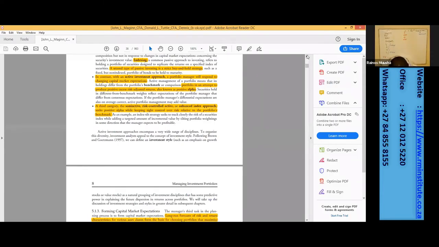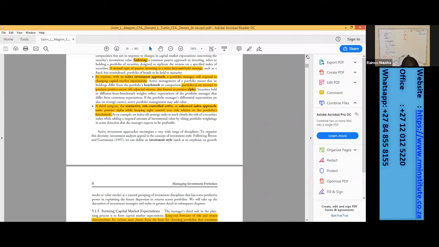So on the next paragraph, they say active investment approaches encompass a very wide range of disciplines. To organize this diversity, investment analysts appeal to the concept of investment style.